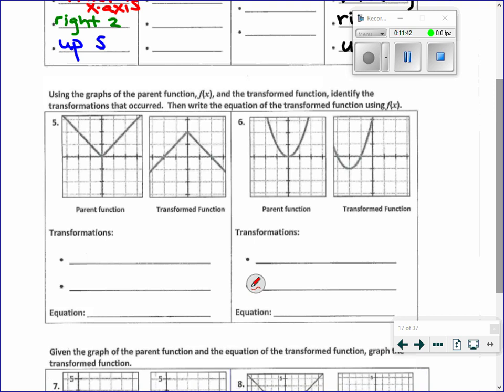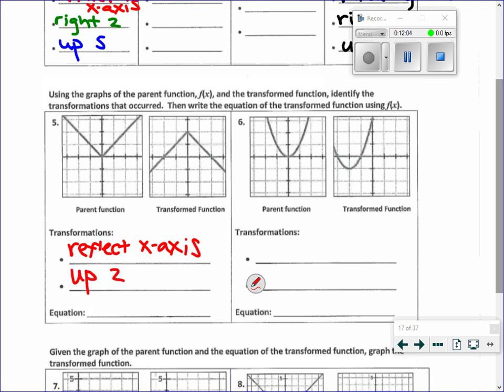What's one thing you notice, Grace? Good, so I reflect over the x-axis. And we got one more. What's another thing you notice? Yep. Up how many? 2. Good.